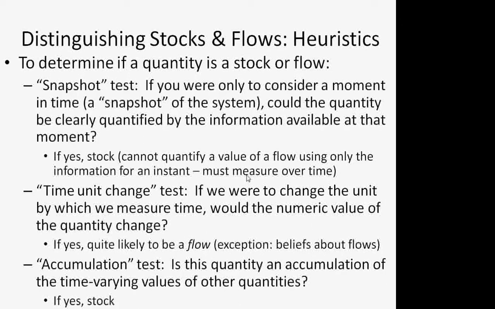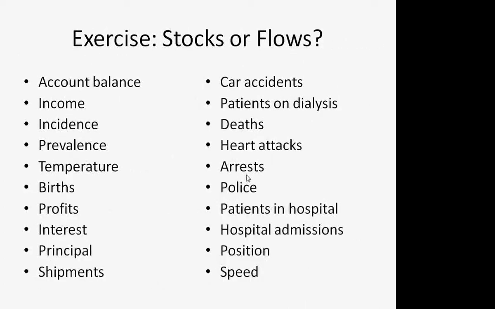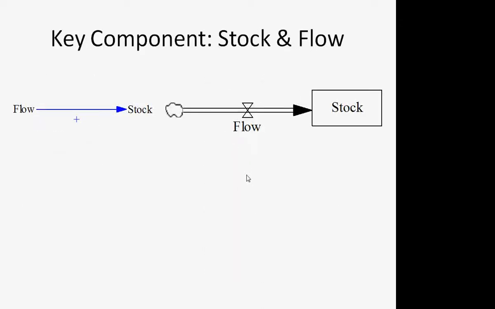It's a lot more cubic meters going down per month. Okay, is it an accumulation of different values of other quantities? These are some hints, and I have a little exercise that we go through, and generally we can end up pinning down stocks and flows from that. We don't have time to go through that now.